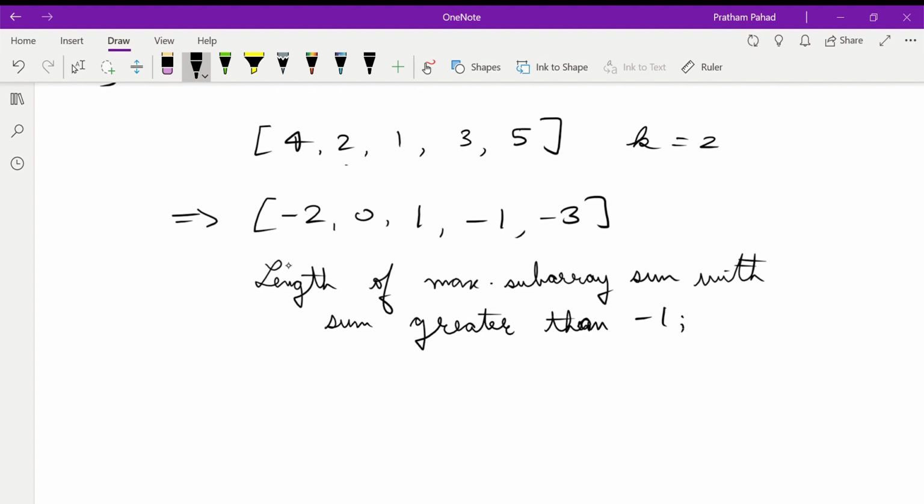After doing this operation, our problem boils down to finding the length of the max subarray with sum greater than minus 1. Okay.